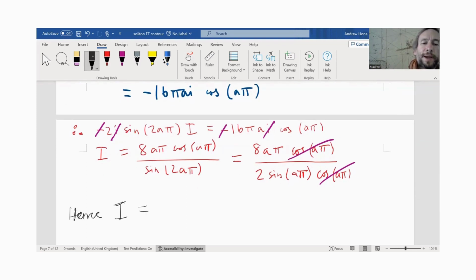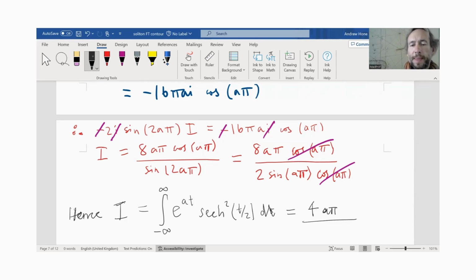the integral that we had was the integral on the whole real axis of e to the at times sech-squared t over 2 dt, and that's equal to 4a pi over sine of a pi.